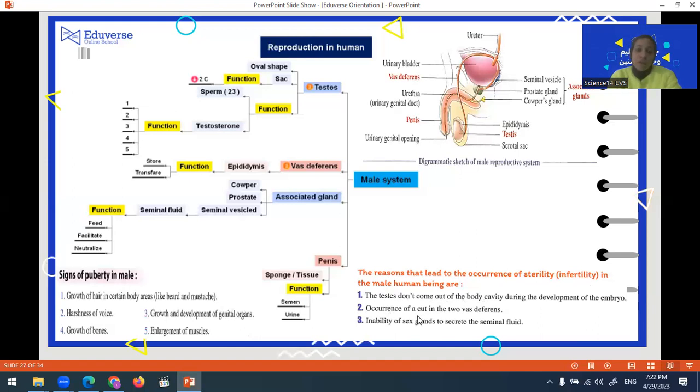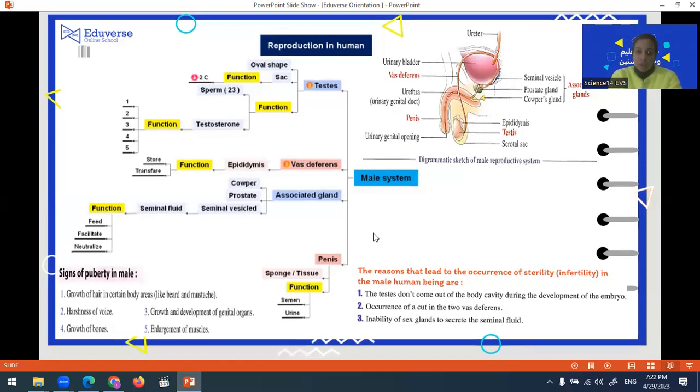Second, the occurrence of a cut in the two vas deferens. So the sperm also cannot move from the testis to the urethra, and this man will be infertile too. The third point is the inability of the sex glands to secrete the seminal fluid. So the sperm will die from the effects of the acidity of the urine coming out and moving in the same duct, which is the urethra.